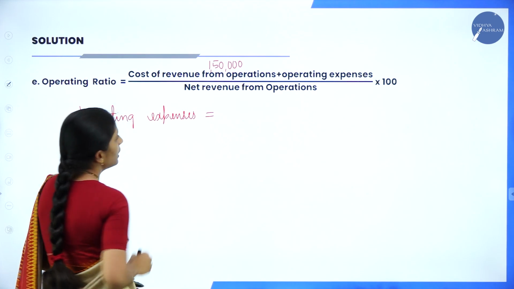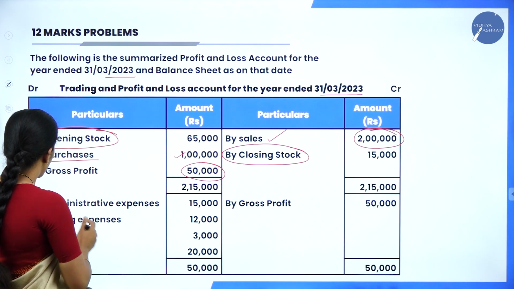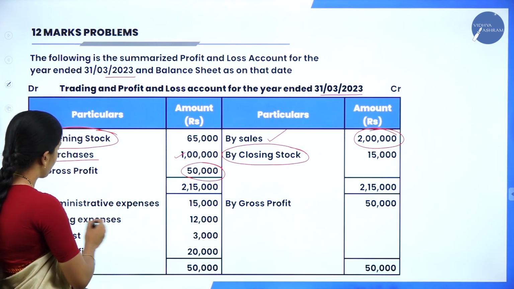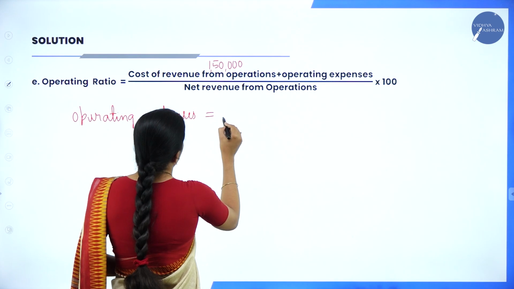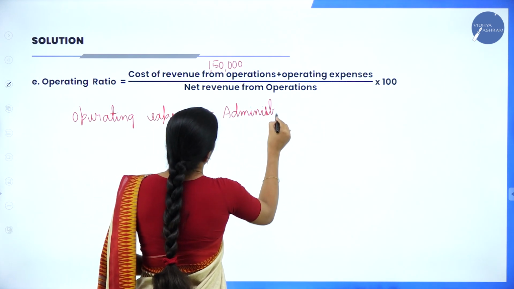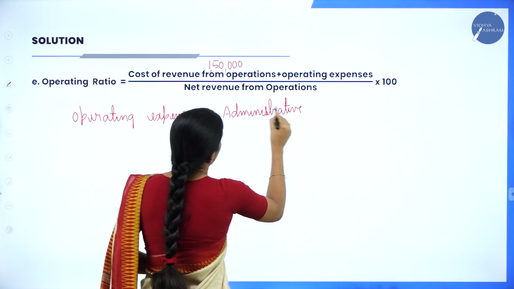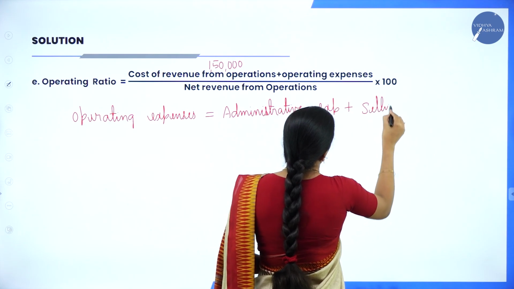So operating expenses is equal to, now if you see the question, what are the operating expenses we have? We have administrative expenses 15,000 and selling expenses 12,000. That is administrative expenses plus selling expenses.